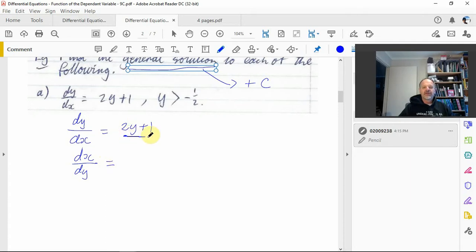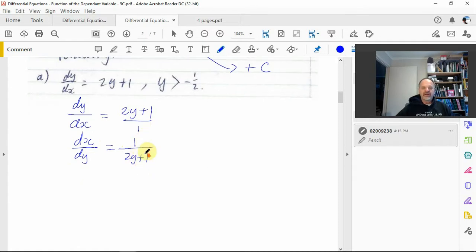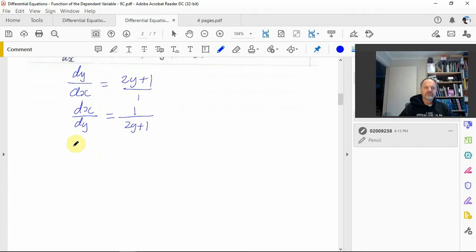And here, if we think of that as over 1, it's 1 over 2y plus 1. Now we anti-differentiate both sides with respect to y, and of course we already know that the left-hand side is just going to become x, so we can jump straight to that. The right-hand side is the integral of 1 over 2y plus 1 with respect to y.